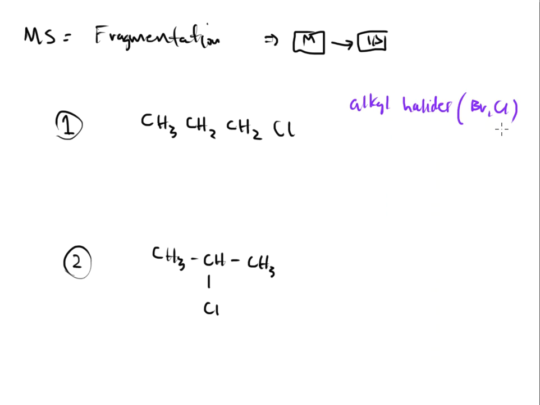So alkyl halides have a tendency to follow a trend when they begin to fragment. However, it's not just one thing that they can do. The very first one is going to be pretty easy. In the first option, you would find your halogen and you would cleave it at that spot.